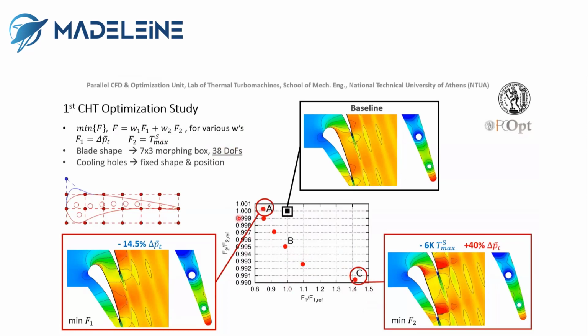The two Pareto edges are compared with the baseline geometry, which is shown at the top of the slide. For instance, for the solution that minimizes the maximum blade temperature by 6 Kelvin, we may see that the shock wave increases the total pressure losses a lot.